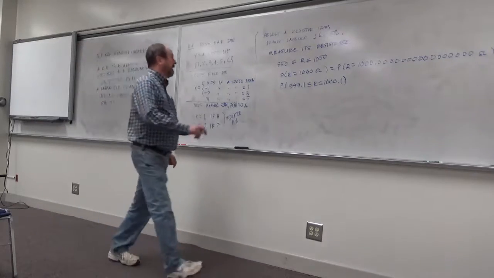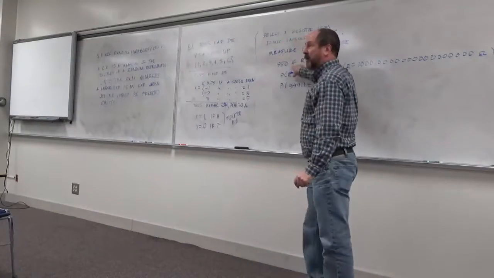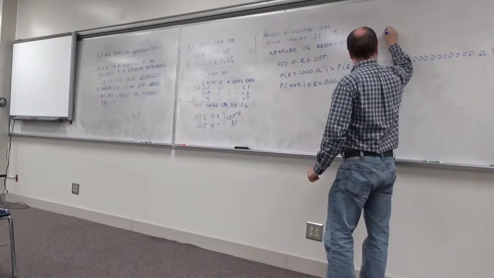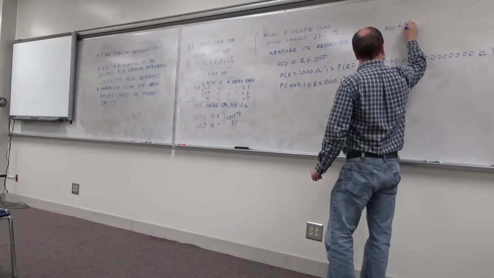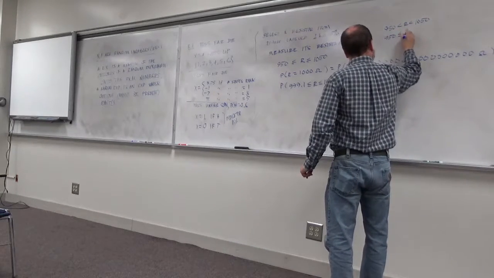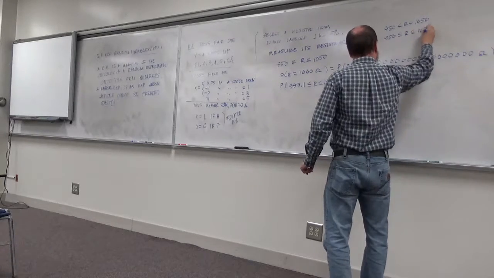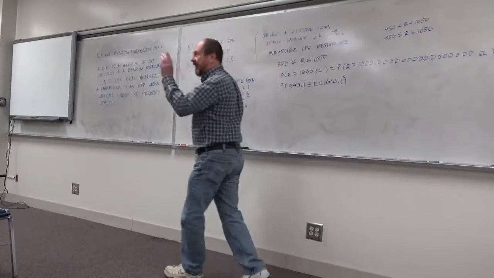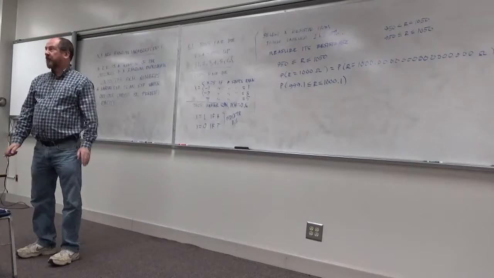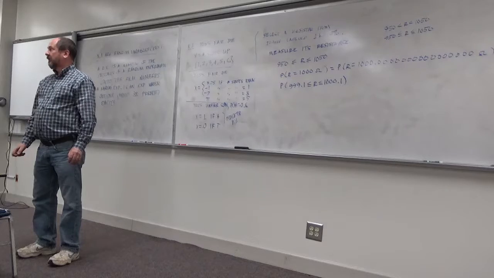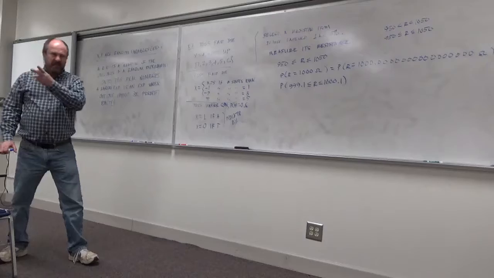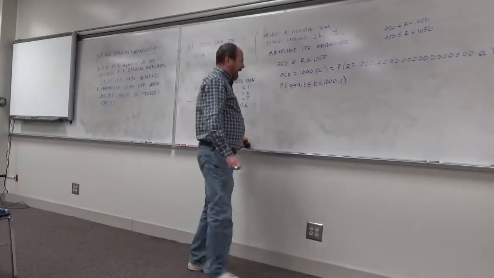By the way, that's exactly why it doesn't matter whether you put less than or equal to on those. The only difference between 950 less than R less than 1050 and 950 less than or equal to R less than or equal to 1050 is what? The exact values 950 and 1050. And the probability of those two are 0 anyway. Right. So, okay, we're getting a little bit of feeling for this, I hope.